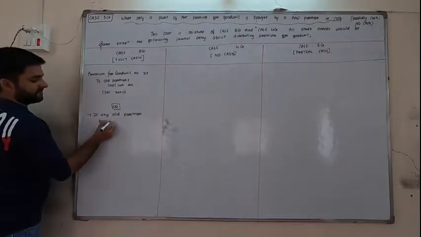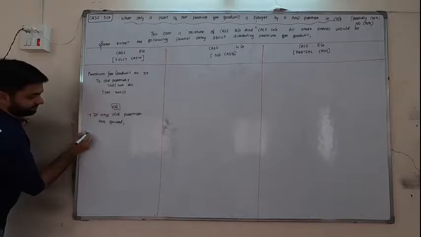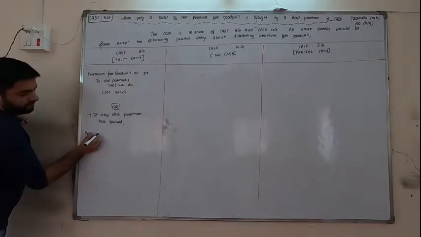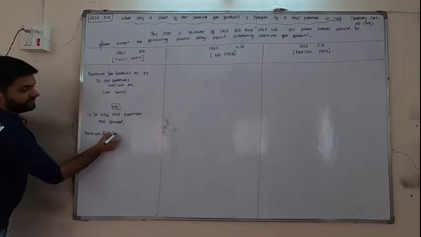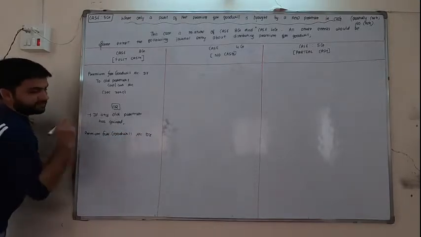If any old partner has gained, then how were we writing the entry? Premium for goodwill account debit.